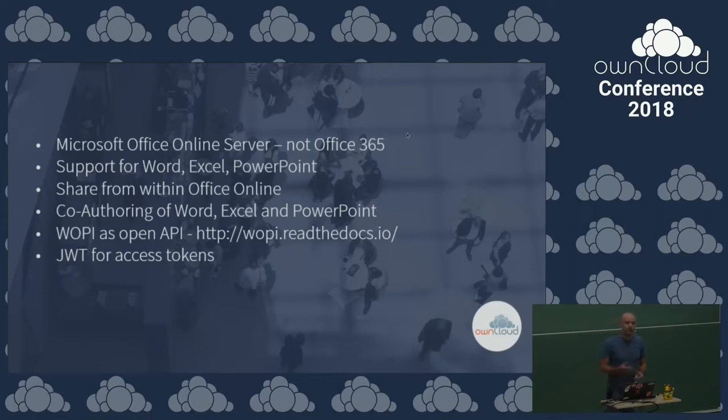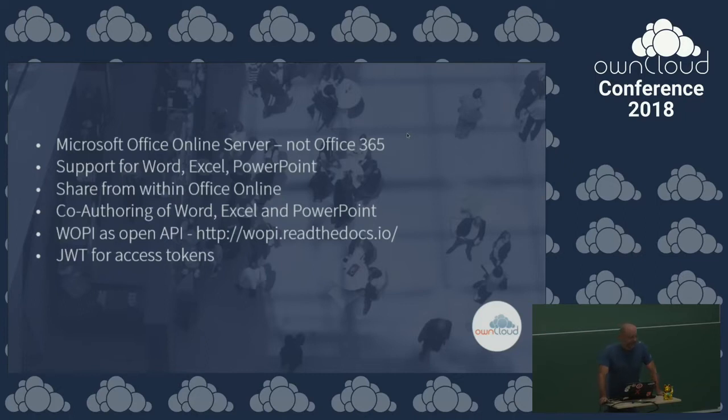The protocol which is used between the Office Online Server and ownCloud is called WOPI. This is the Web Application Open Platform Interface. This is driven by Microsoft itself, and it's driven in a very open way, so you can find the documentation online on GitHub. They use Sphinx and Python to generate it, and you actually don't believe it, it's Microsoft, but they're doing open source stuff.